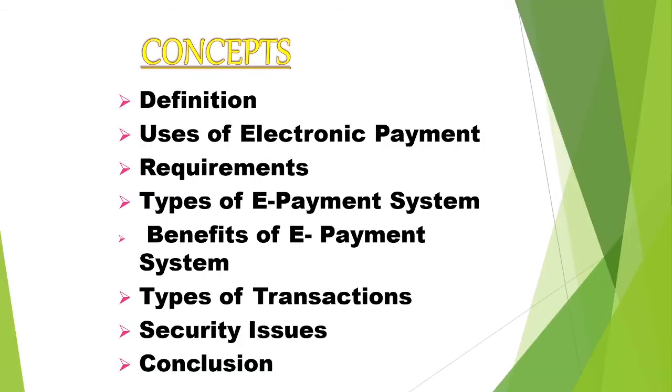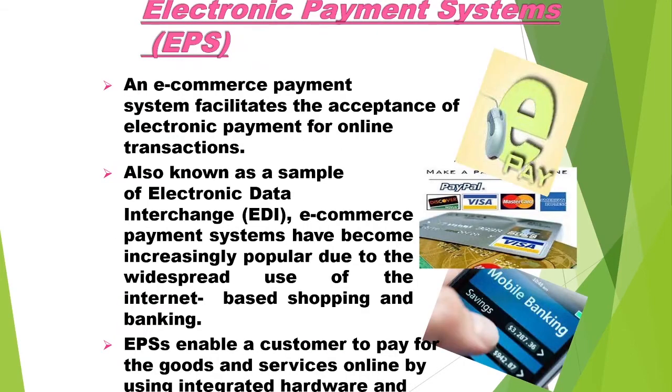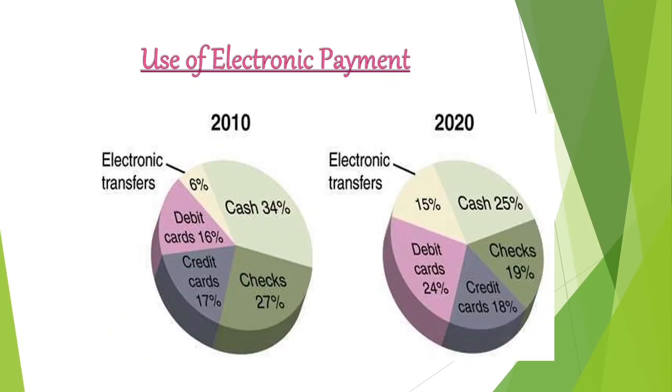You please remember, you have to answer all this with side readings. Definition, use of EPS. What are the requirements for EPS? Types of e-payment systems, benefits, transactions, security issues, and you have to write your opinion on EPS also. So this is EPS.